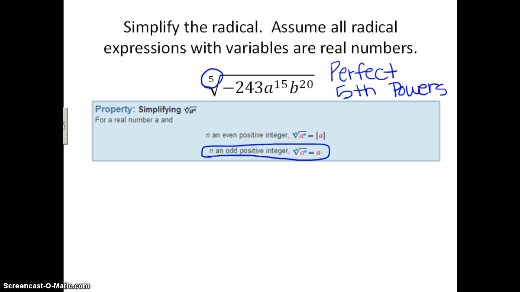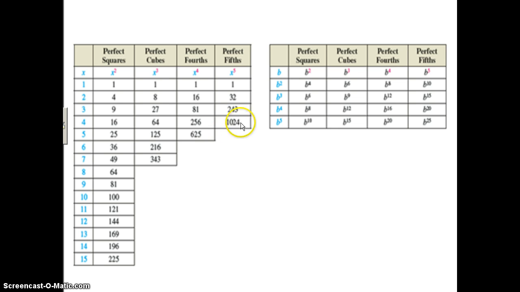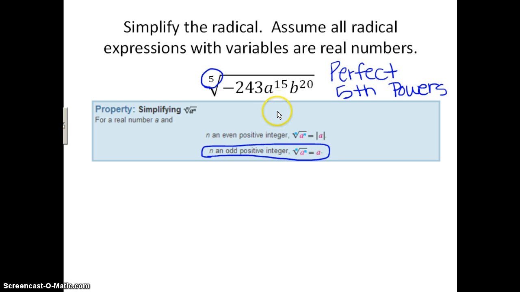If we look at our list, the first one was 243. It was negative 243, but we can put the negative sign in. So that is 3 to the 5th power. If 3 to the 5th power is 243, that means we are looking for negative 3, because negative 3 to the 5th power is what would give us negative 243. If we go back and look, we have an a to the 15th, and we have a b to the 20th.